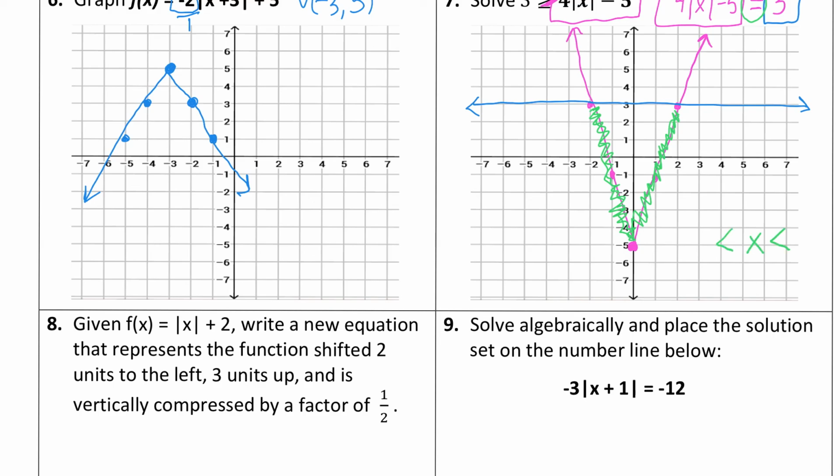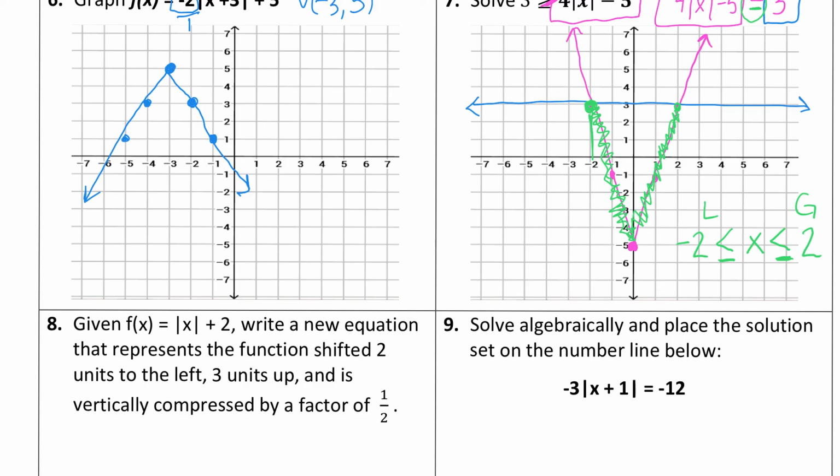And remember, you're always going to put your lowest value here and your greatest value here. So if I look at this point right here, -2 is the least value. The greatest value is at +2. And because this starts with a line under it, then you're also going to have a line under your solutions.